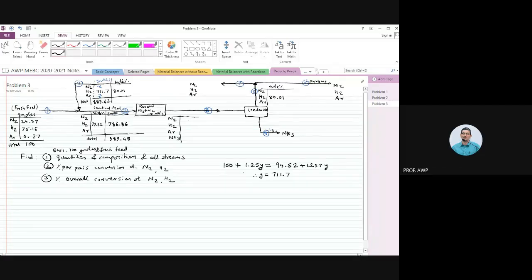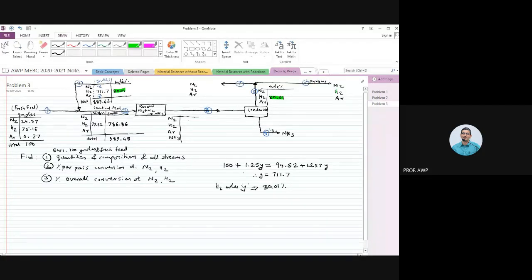Sir, in the recycle stream, the mole percent of H2 is 80.01 and gram moles is Y. So in the total recycle stream, hydrogen moles were Y and they corresponded to 80.01 mole percent. Why 80.01 mole percent? Because in stream number 5 it is 80.01 mole percent.